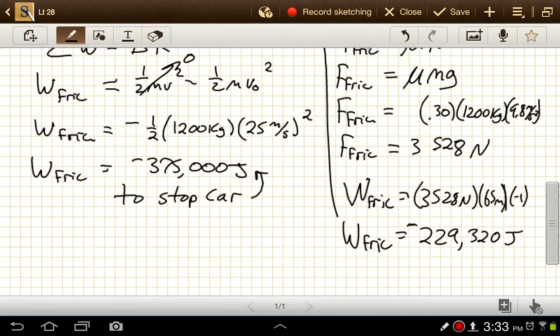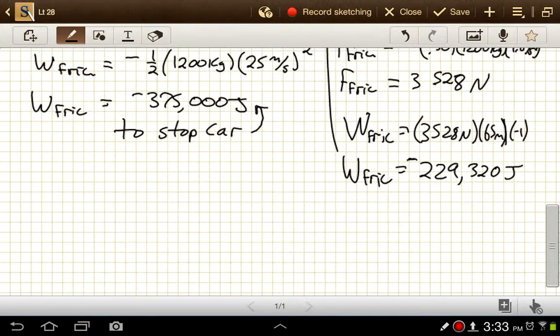And that value is less than the work that we calculated over here that friction would have to do in order to stop that car. It only does this amount. So that car is still moving when it's traveled 65 meters. So the answer here is that no, the car does not stop in time.